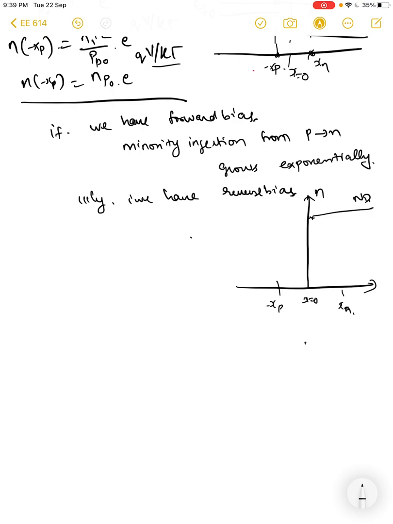But at x is equal to minus infinity, you have a very small value which is called np naught. This is the equilibrium concentration of electrons in the p-type region, right? At x is equal to minus xp, we have an exponential increase proportional to the potential that we have applied, right?